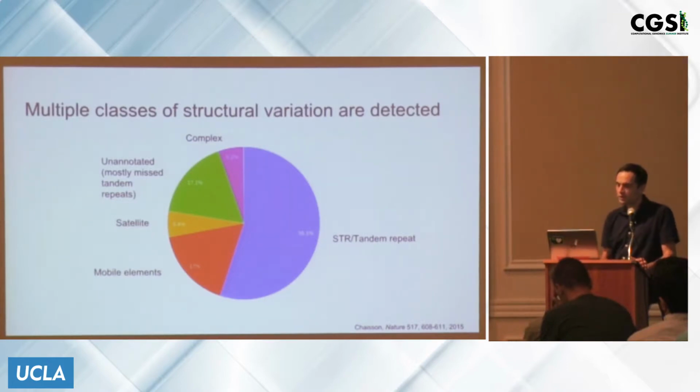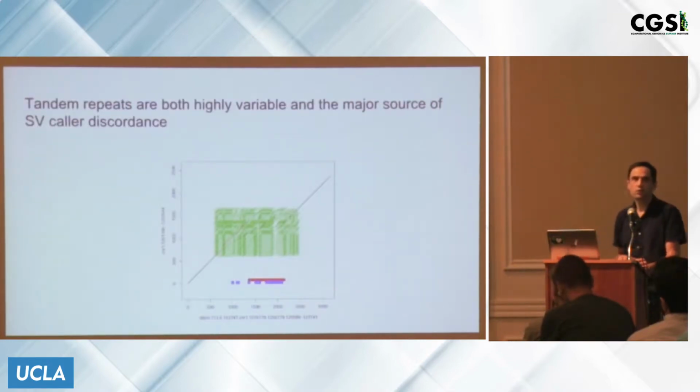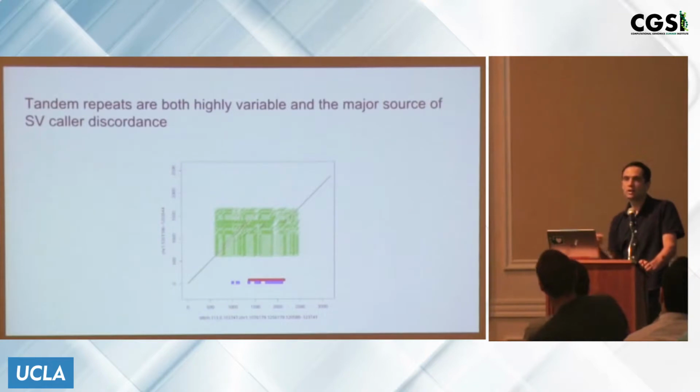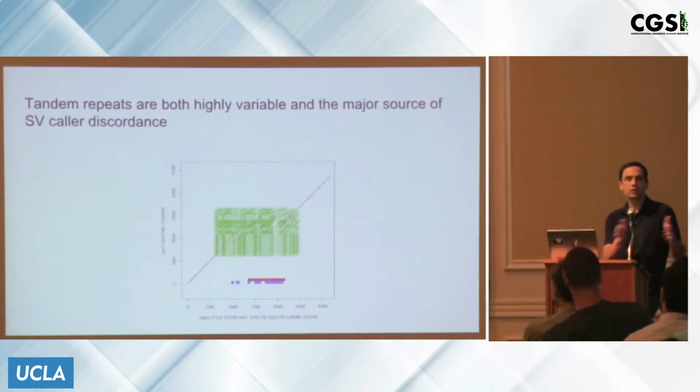And so what you have is around 70% of the variants that are found in these data sets are tandem repeat variation. Unfortunately, that causes a problem because comparing different calls in tandem repeat regions is a pretty difficult task. By and large, the gap penalties and evolutionary models that we have for something like mobile element insertion don't necessarily apply to the mechanisms that are being used to generate the evolution in tandem repeats.